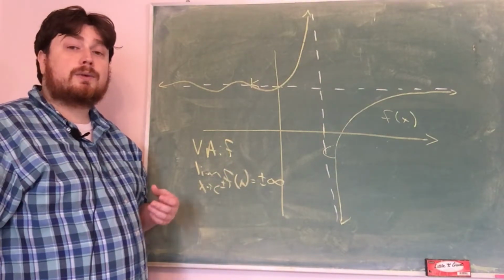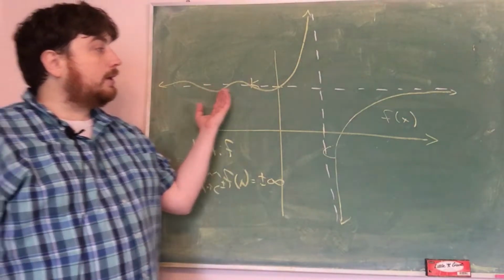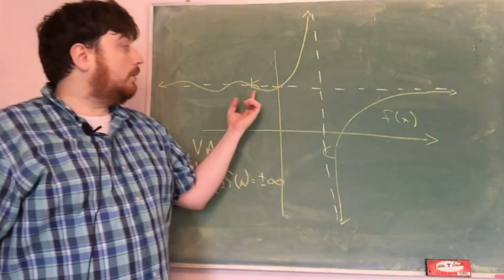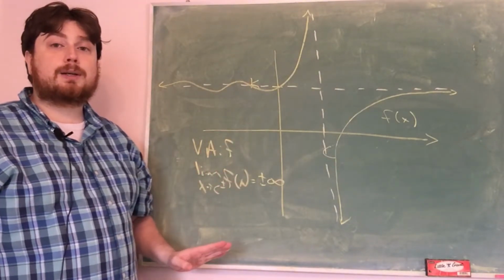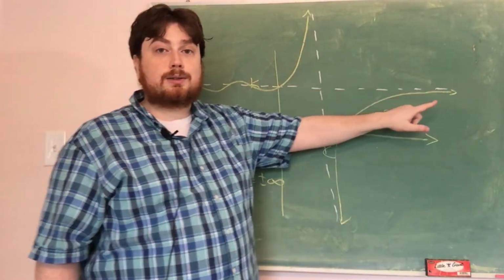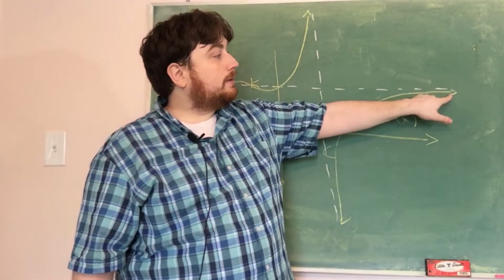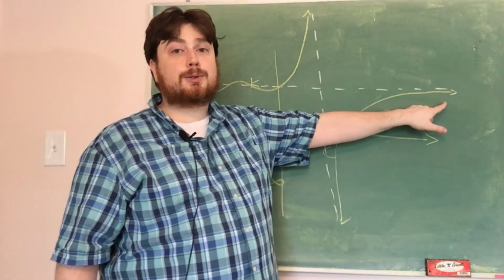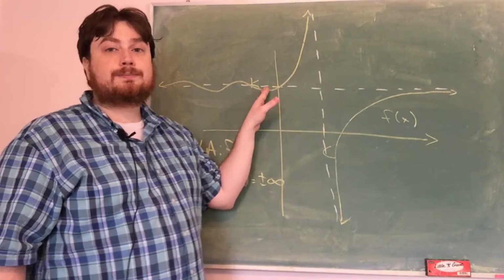On the other hand, if we want to find horizontal asymptotes, our function is going to look like the horizontal line y equals k. As we approach that line, eventually our function is going to become horizontal. Because we have this horizontal asymptote, as my x values get arbitrarily large, my y values are going to get close to this k value.